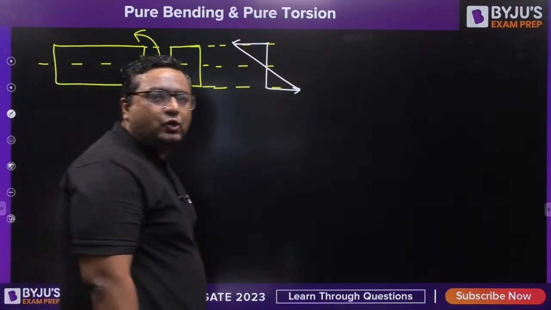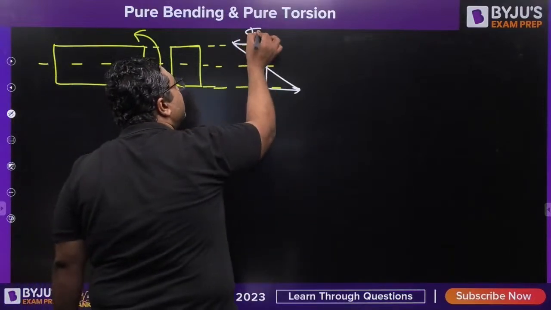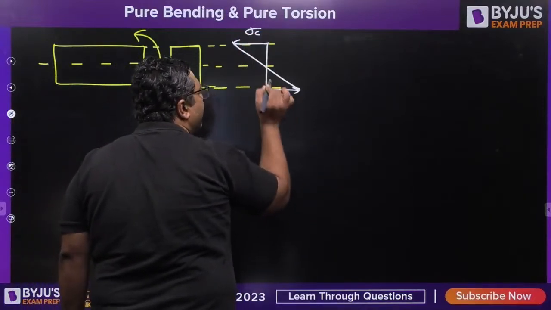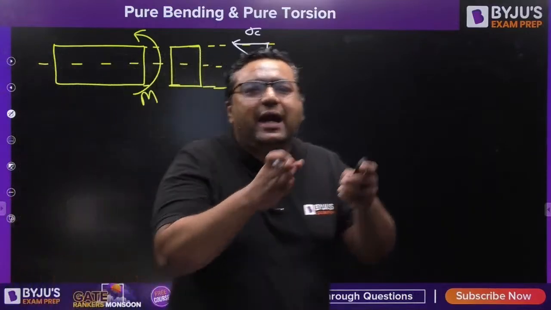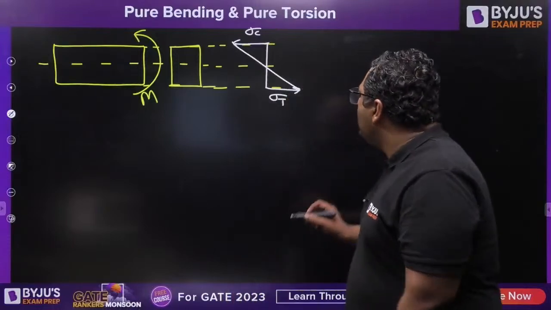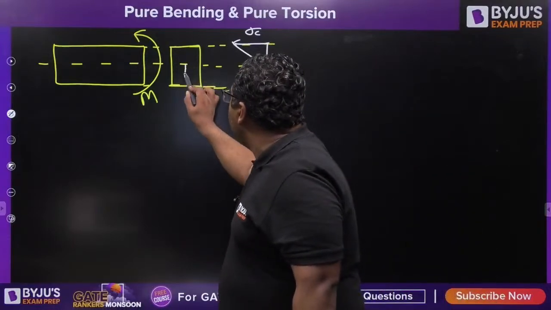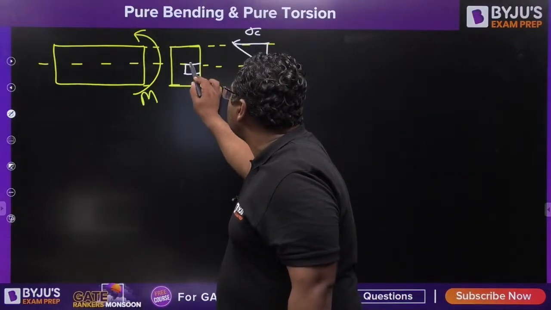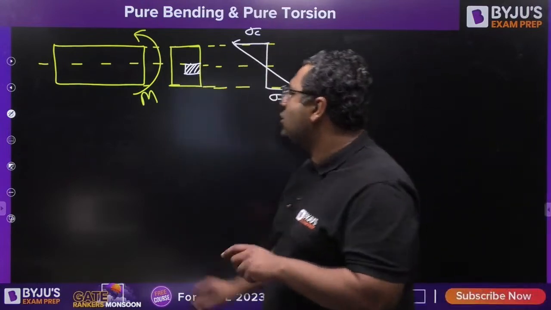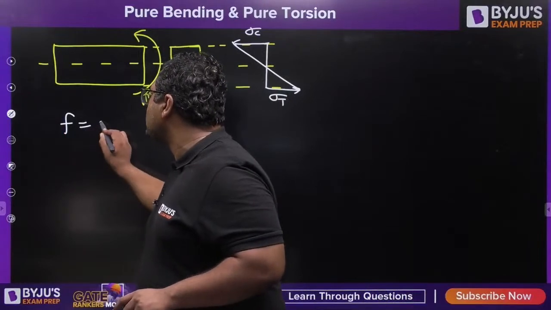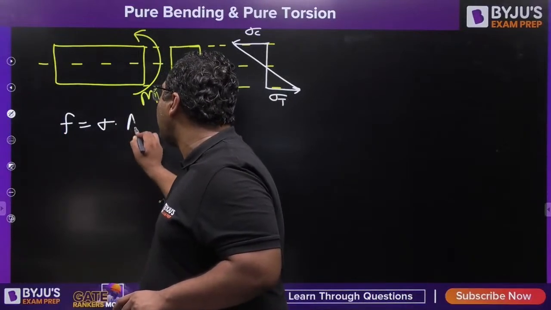At the top fiber we will have the compressive stress, and at the bottom fiber we will have the tensile stress. You know that stress into area is the force, and you need to find the force borne by this part of the cross section. So if they are asking for the force borne by this part of the cross section, force is equal to stress into area.